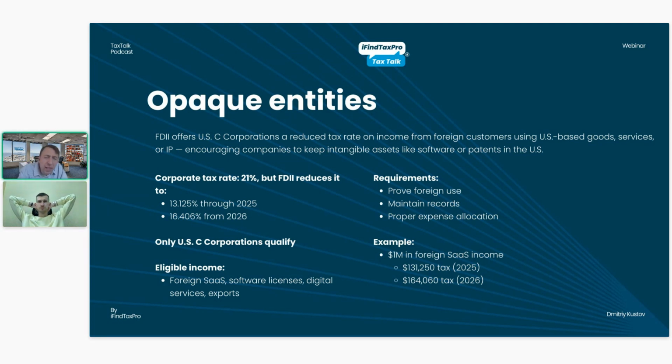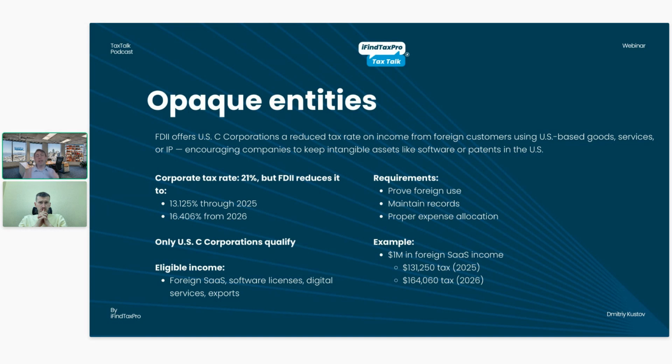Of course, you have to keep all the records and do a proper expense allocation, but you can do expense allocations by simply prorating, unless it's very different. The example here: you have 1 million in foreign SaaS income, and you only pay 131,250 tax in the US.